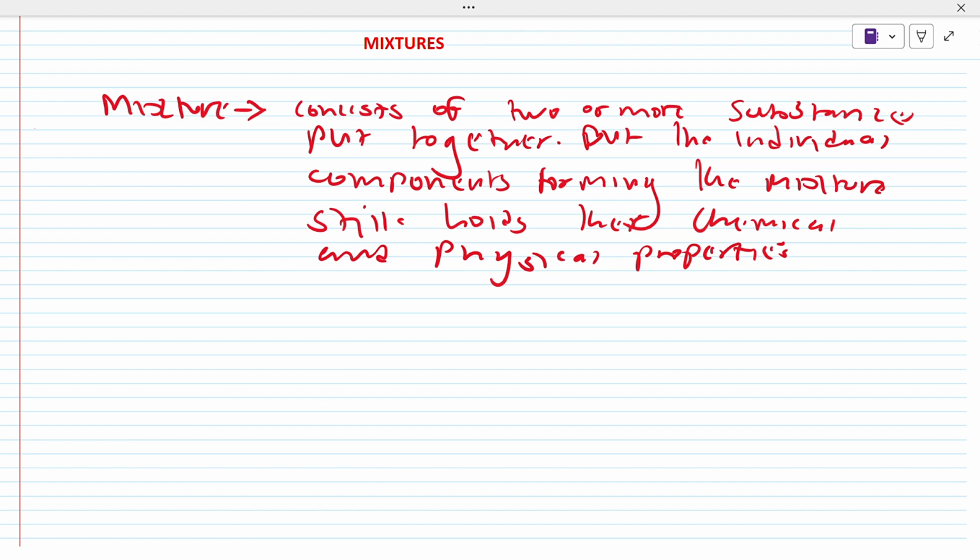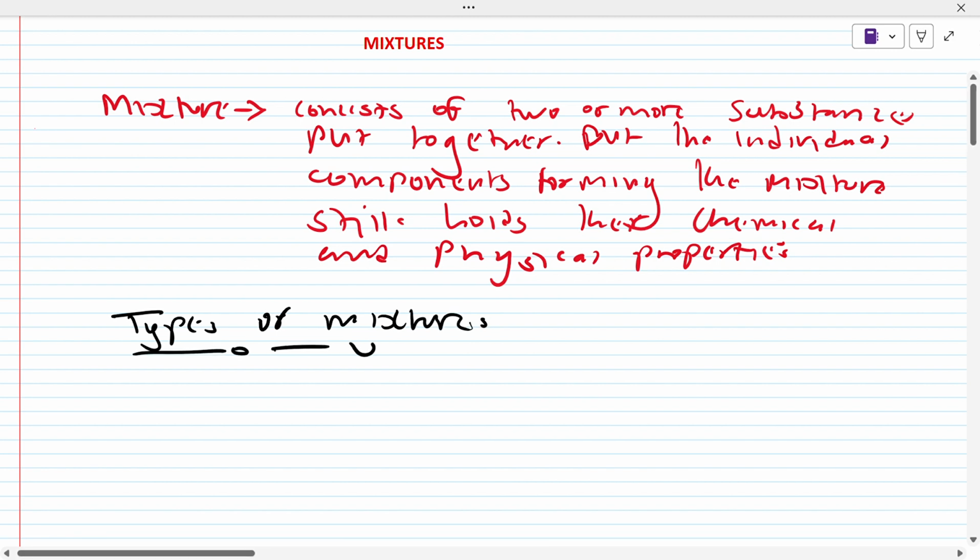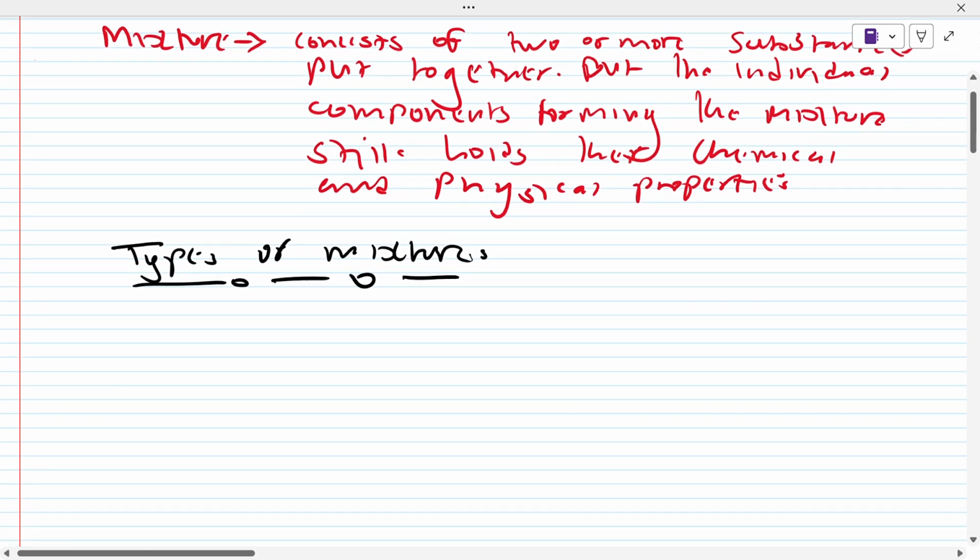Now, what types of mixtures do we have? We need to know the types of mixtures we have. First one, we have solid mixture.